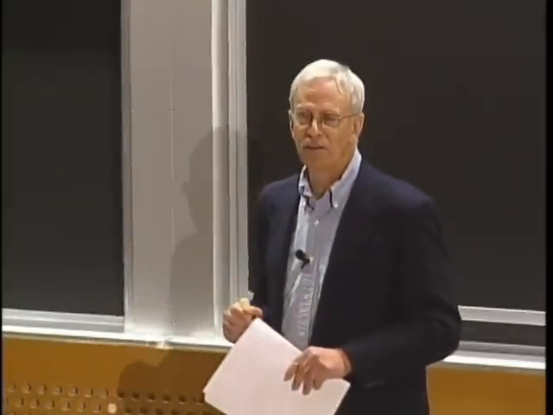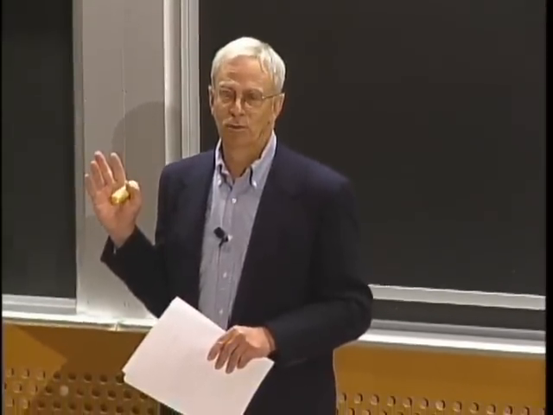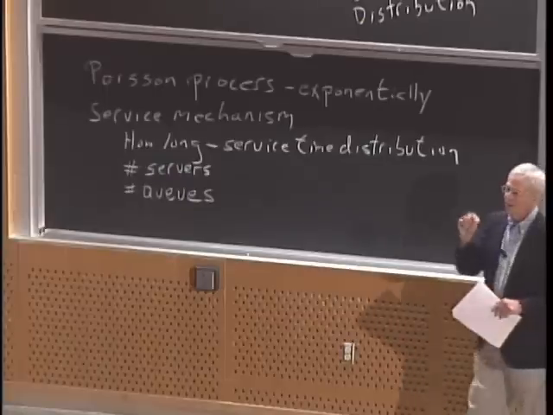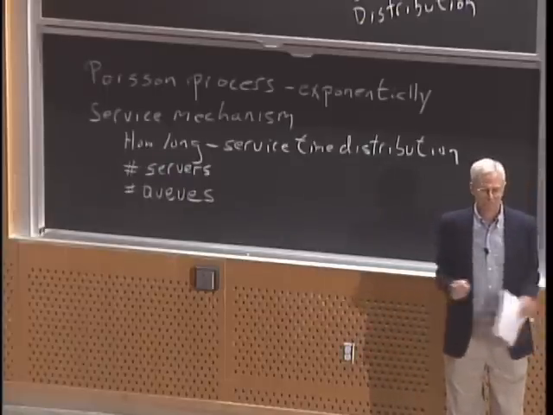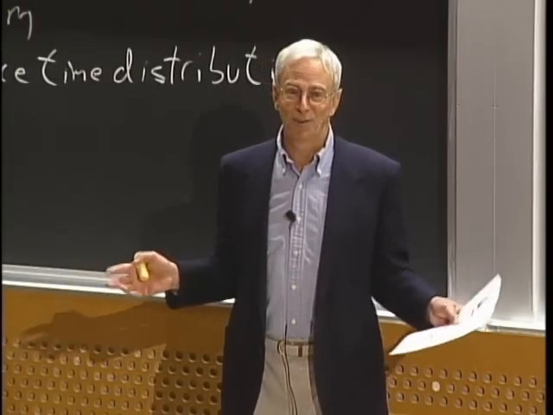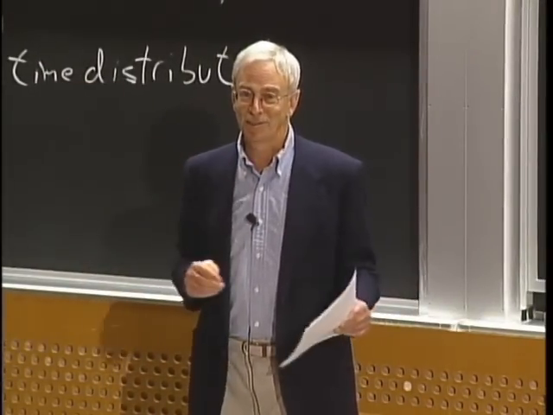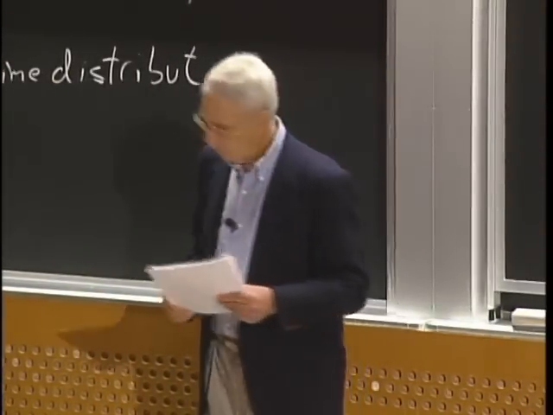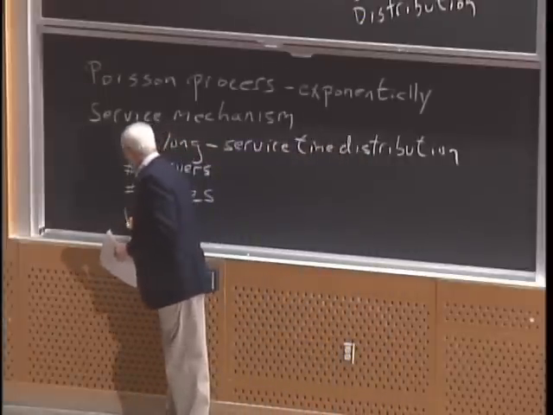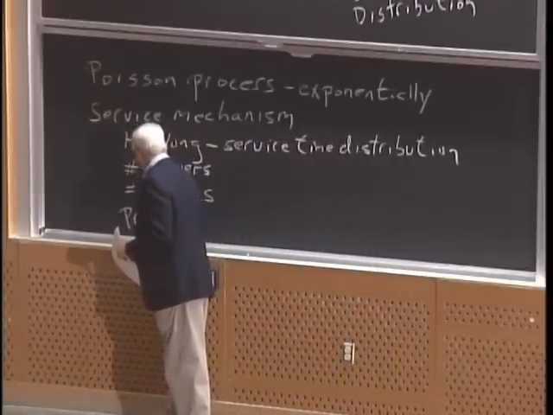Why don't we always have a single queue? Because we may not have enough space. So you can, again, imagine at the supermarket, there'd be no place to put the single queue for all of the cash registers, maybe. And another question we have to ask is whether or not we allow preemption.